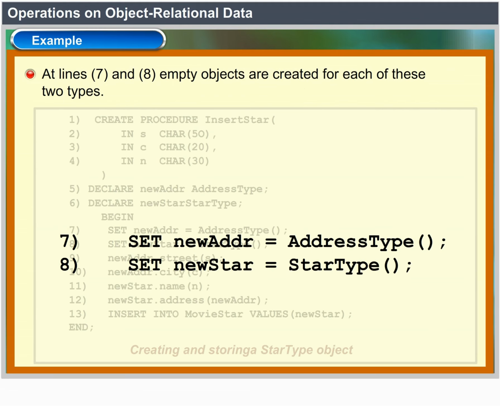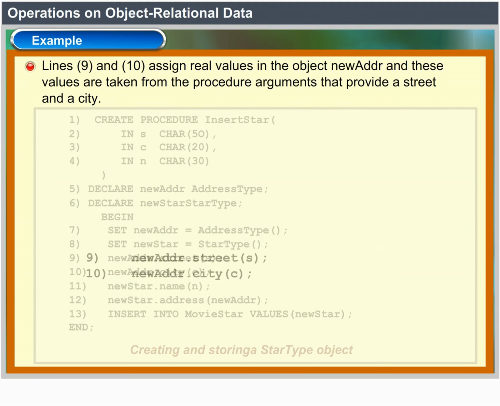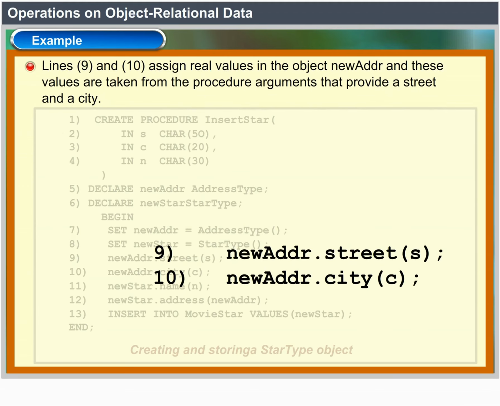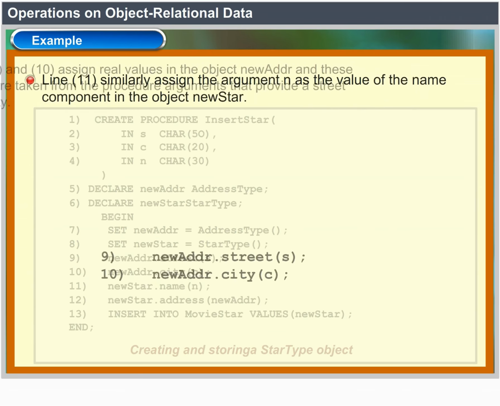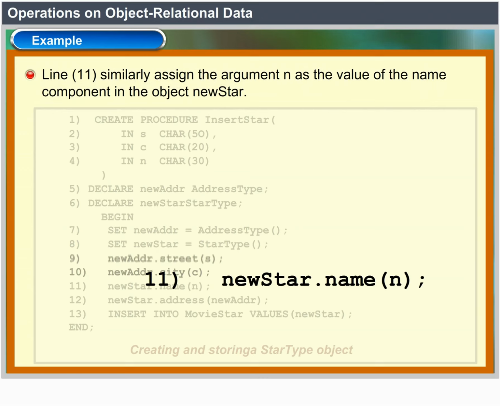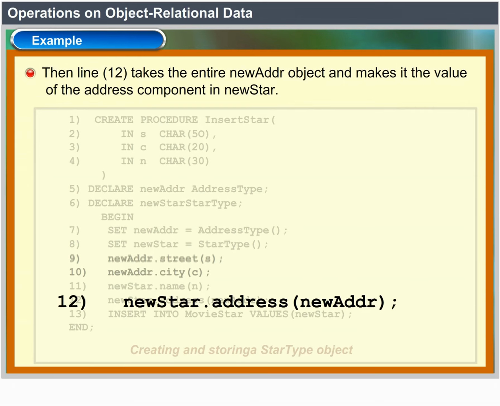Lines 9 and 10 put real values in the object newAddr. These values are taken from the procedure arguments that provide a street and a city. Line 11 similarly installs the argument n as the value of the name component in the object newStar. Then line 12 takes the entire newAddr object and makes it the value of the address component in newStar.